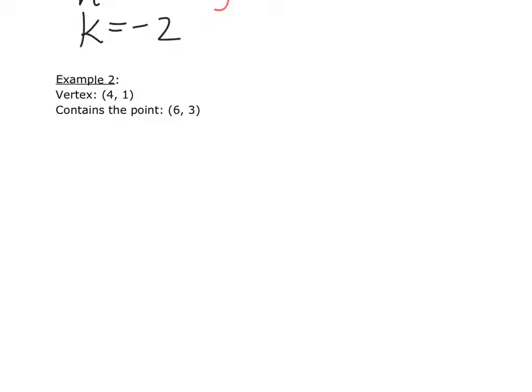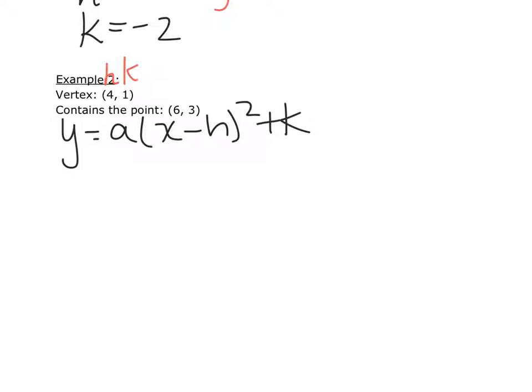All right, so I'm going to use the equation y equals a times x minus h squared plus k, right? My vertex is at h, k, 4, 1. And one of the points contained on this parabola, x, y, is 6, 3. You ready? So we're going to replace those 4 variables with those 4 numbers.